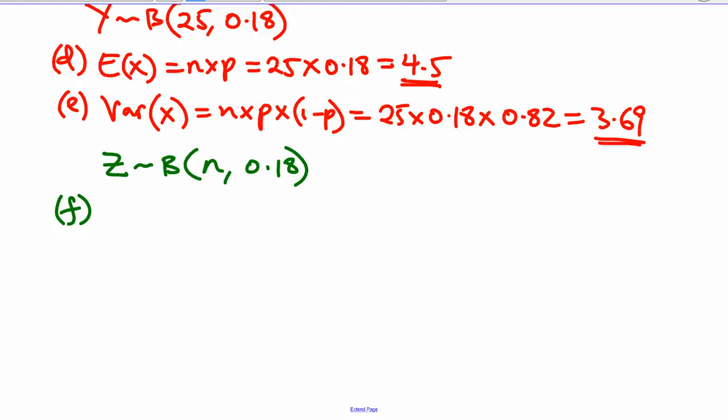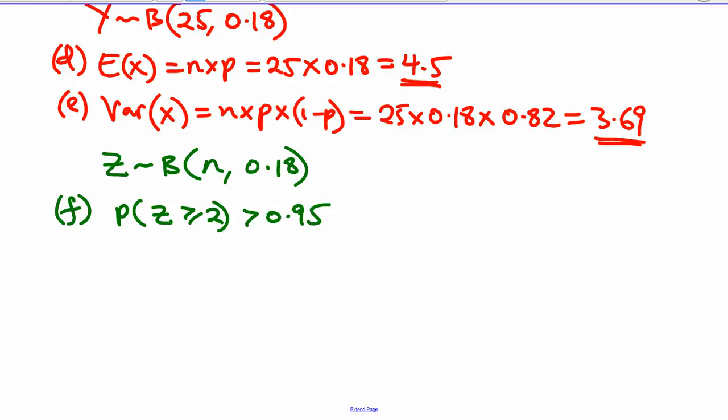Find the minimum value of n for which the probability that it contains at least 2 left-handed people will be greater than 95%. So the probability that Z is greater than or equal to 2 is greater than 0.95.